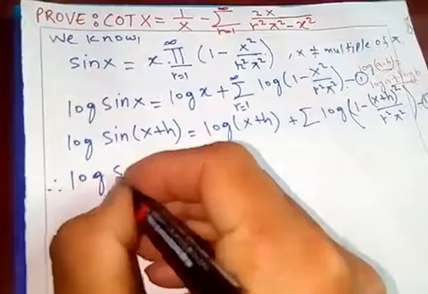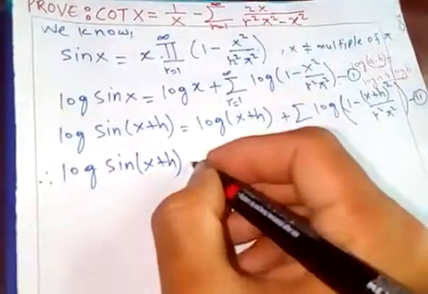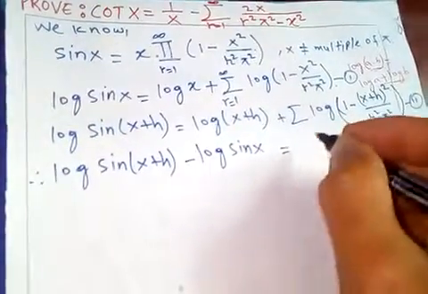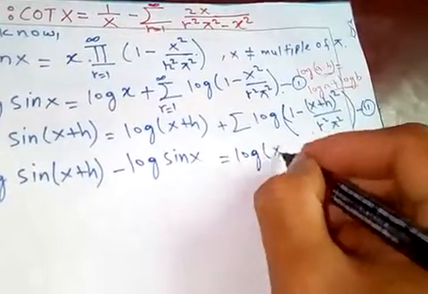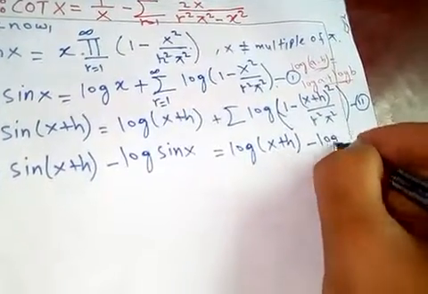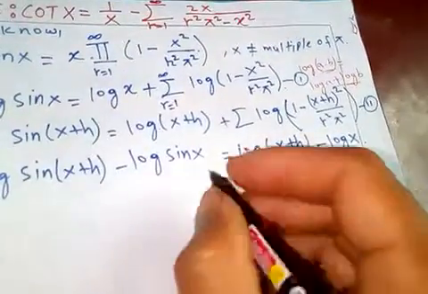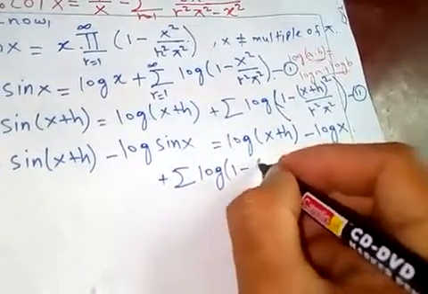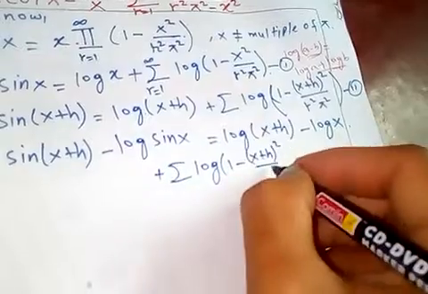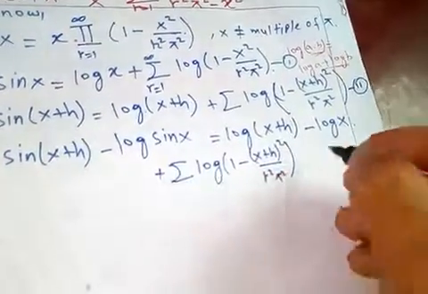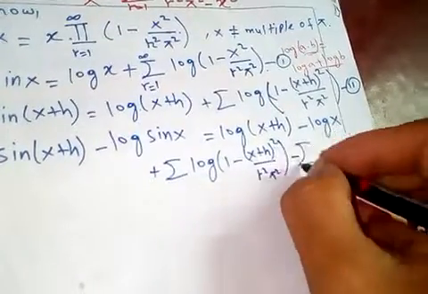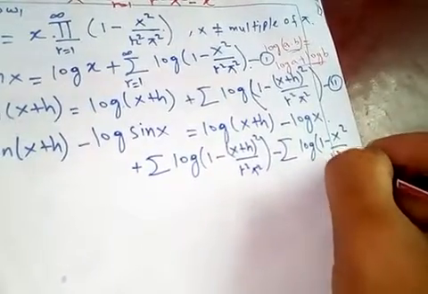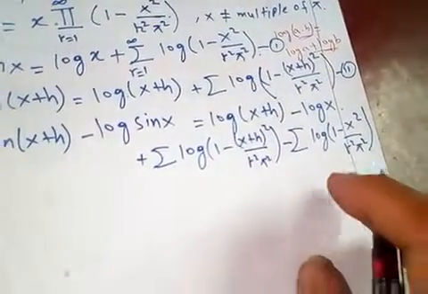The left hand side is log of sine of x plus h minus log of sine of x, which is equal to the right hand side: log of x plus h minus log of x, plus the summation of log of 1 minus x plus h whole squared over r squared pi squared, minus the summation of log of 1 minus x squared by r squared pi squared.